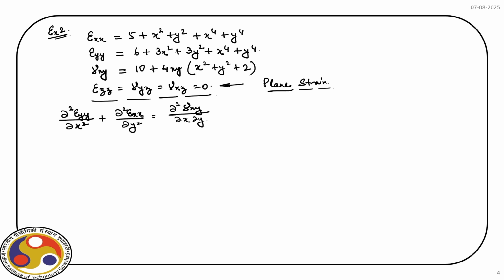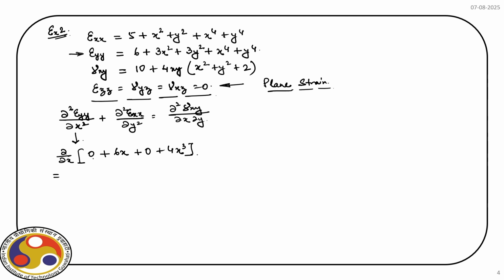Okay. So, the first term here is twice we differentiate epsilon yy with respect to x. If we do that, we have 0 here from the first term plus 6x plus 0 plus 4x cube.